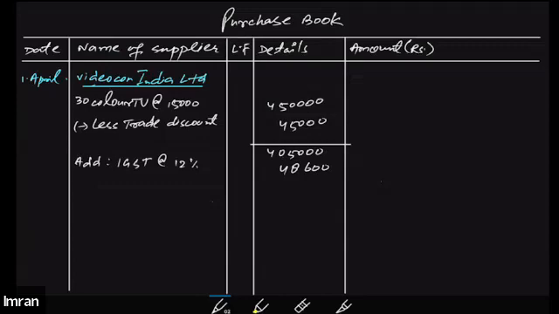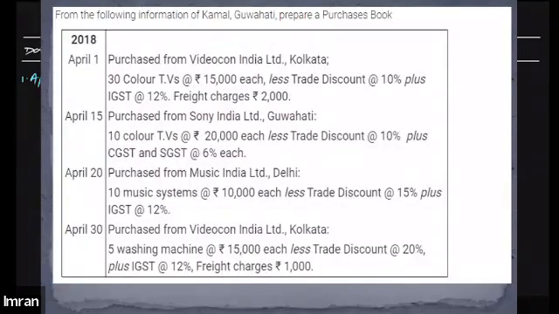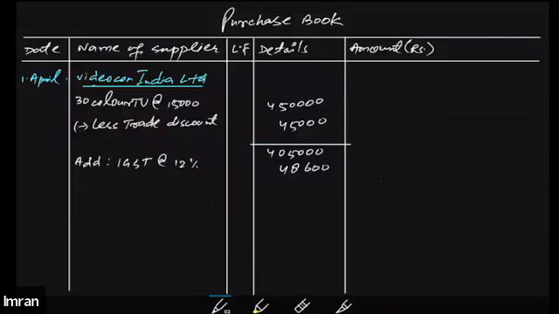And because it says in the question that there is a freight charge of 2,000 as well, we need to add freight charges as well. Freight charges is a kind of delivery expense. So this needs to be charged only after charging the tax. We already charged IGST at the rate 12%.